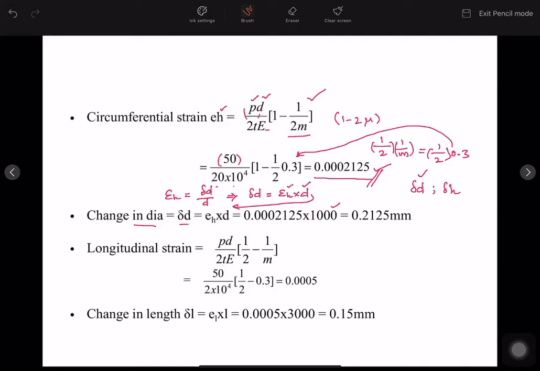If we multiply these two, we will get a change in diameter of 0.2125 mm. So this is one of our answers, which is change in diameter.